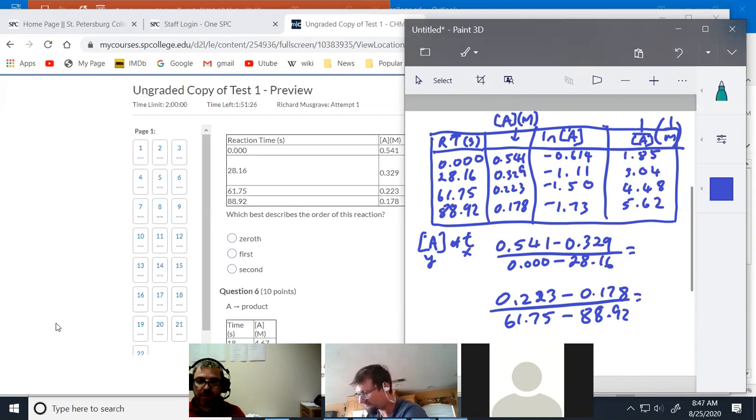If somebody would tell me what they get, I'll put them in just for the first one. Then I want you to do the same thing for ln of A and 1 over A. If this one turns out to be zero order, it's going to be lucky. I don't know if it will or not. We'll see how close these two are. I can't tell by looking at it.